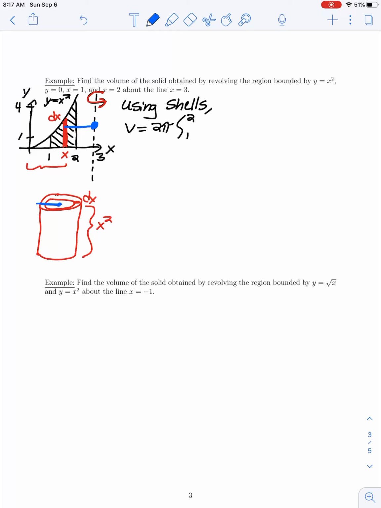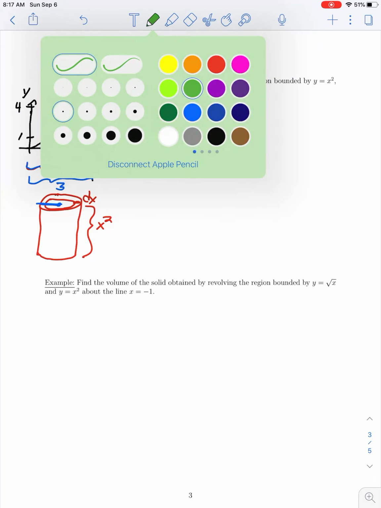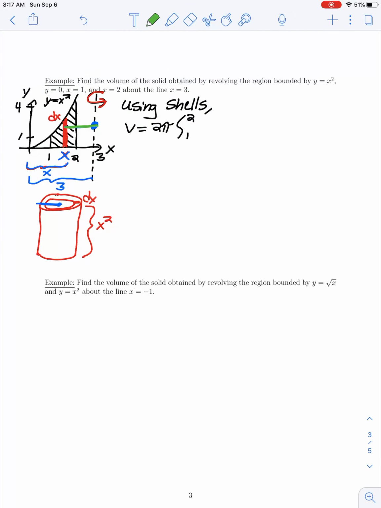Now we know that the total distance from the y-axis to the line x equals 3 would be 3 units. And the distance from the x-axis out to where we were taking our slice was x units. So the remaining distance, which would be the radius of our cylinder here, would be the difference in those values. So here the radius of our cylinder is going to be 3 minus x.